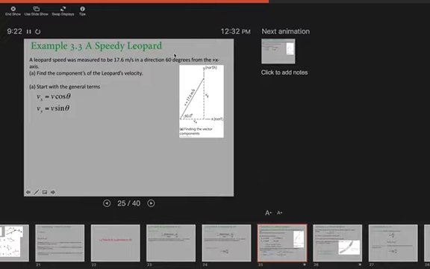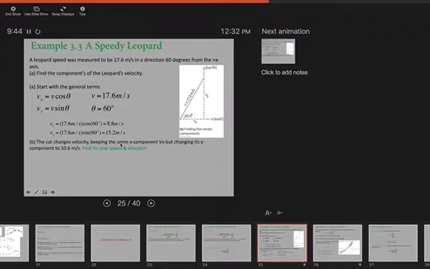So you get the calculator, you plug in these numbers, and you get the answers. vx is 17.6 times cosine 60, vy is 17.6 times sine 60, and I get this answer. So what is my v vector? My v vector is 8.8i plus 15.2j. This is my velocity vector. So these are vx and vy.